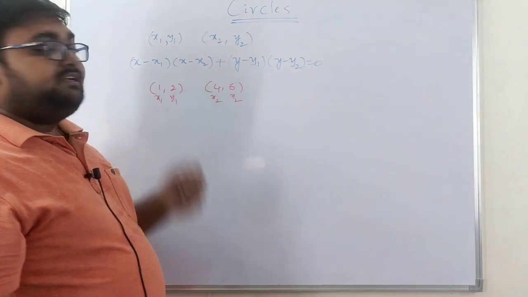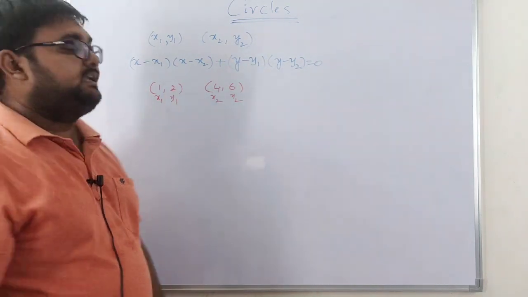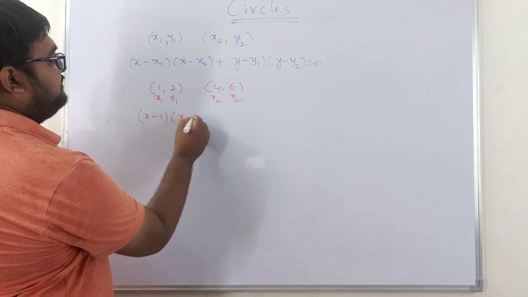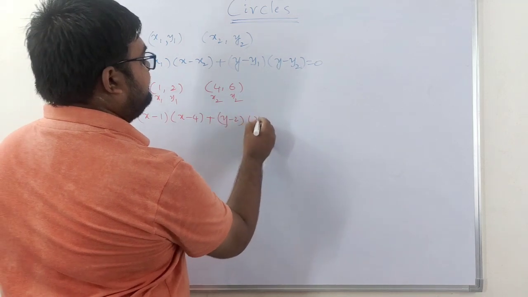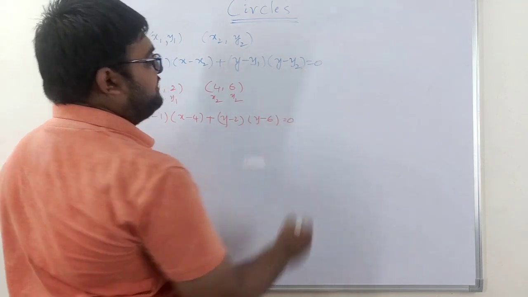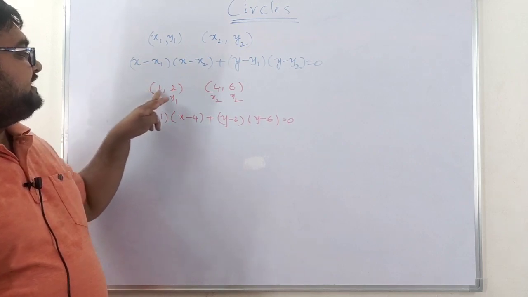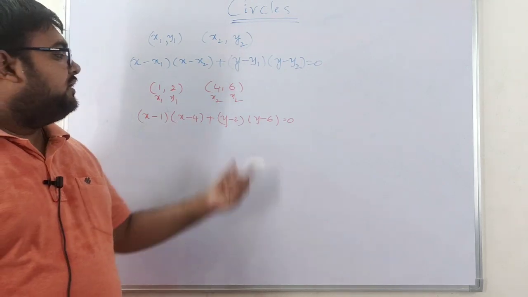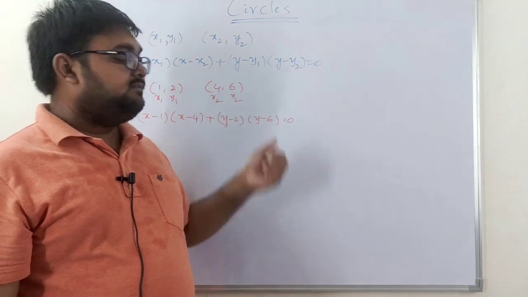Now on substituting these points in the diametric form of the circle, what am I going to get? (x - 1)(x - 4) + (y - 2)(y - 6) = 0, right? So x - x1 is nothing but x - 1, x - x2 is x - 4, y - y1 is y - 2, y - y2 is y - 6.